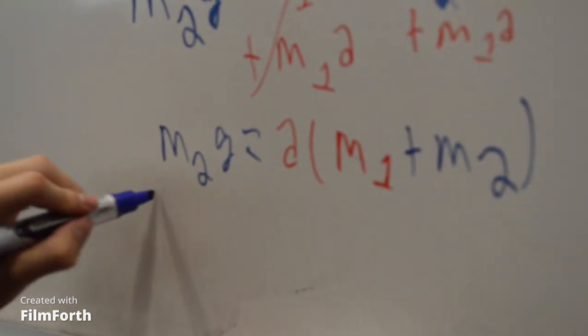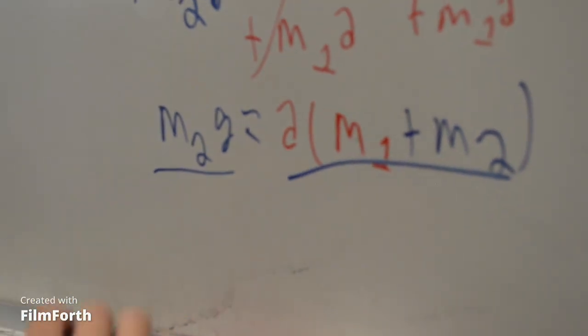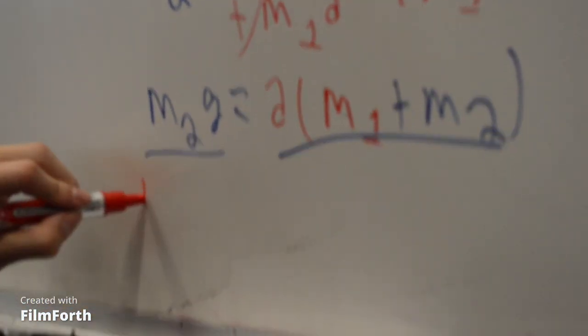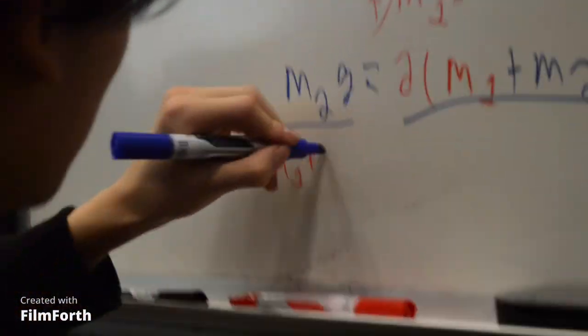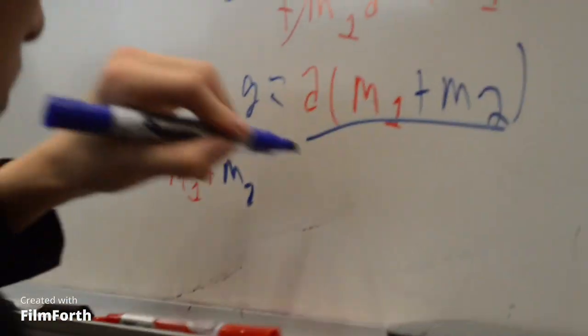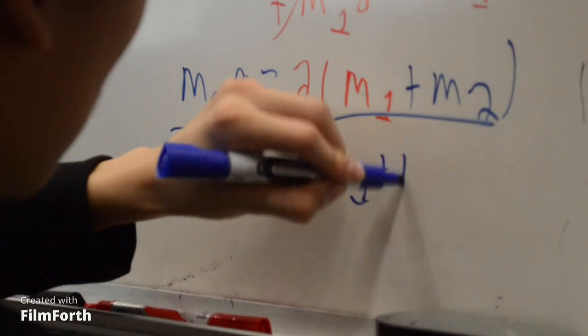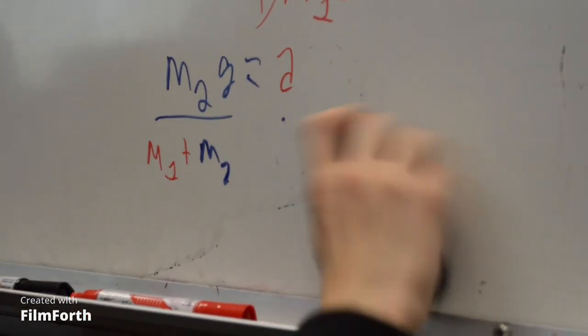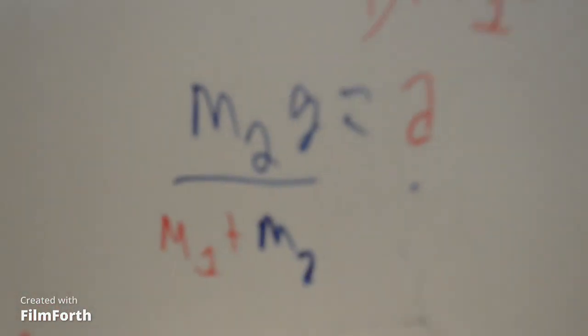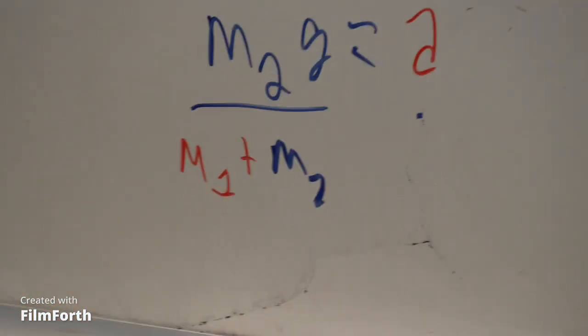And then all you do is divide both sides by M1 plus M2. As a result, we get that the acceleration in this pulley, assuming friction is negligible, equals the weight of the second object divided by the sum of mass 1 and mass 2.